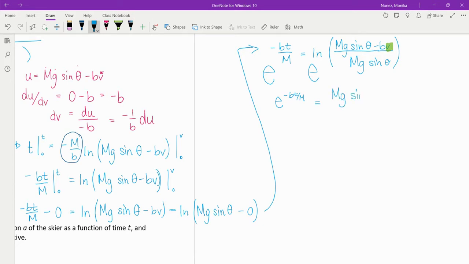So I have mg sine theta minus bv divided by mg sine theta. I can rewrite the right-hand side of this expression as 1 minus bv over mg sine theta.